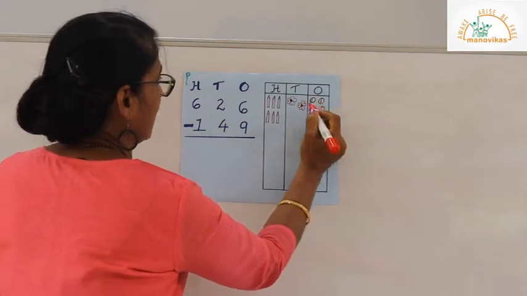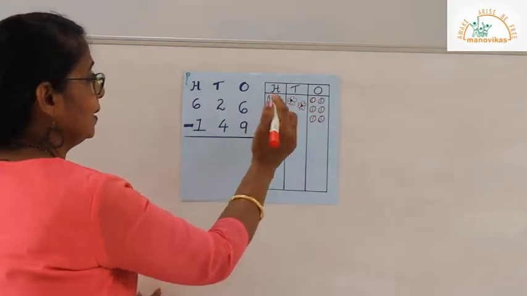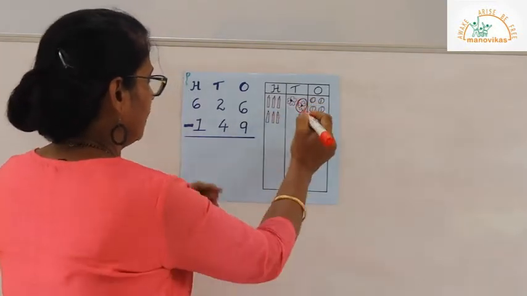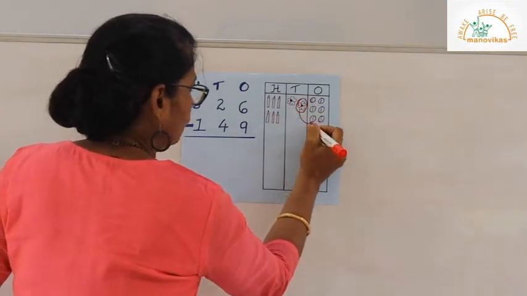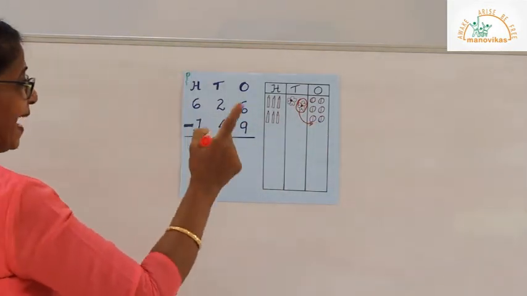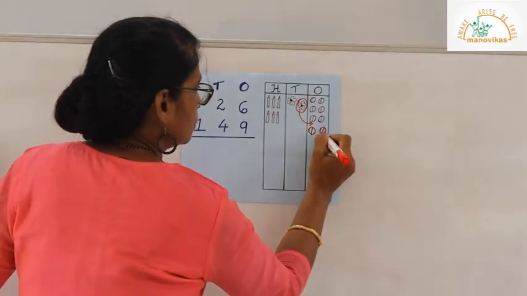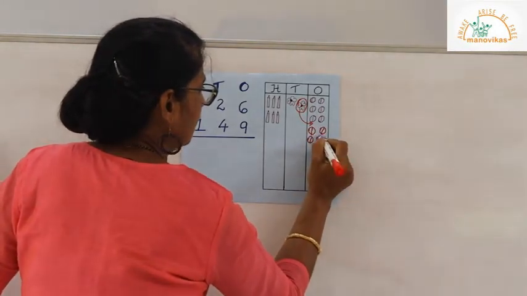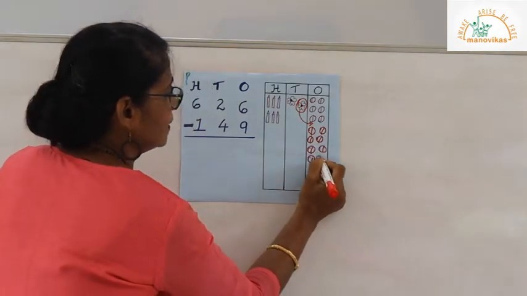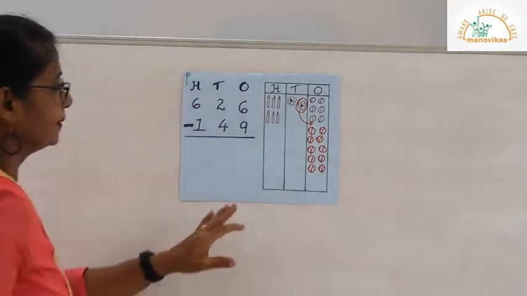Here in the ones place, we already have 6 balls. Now we need to borrow from the tens place. So we take 1 ten, which gives us 10 ones. So we draw 1, 2, 3, 4, 5, 6, 7, 8, 9, 10.